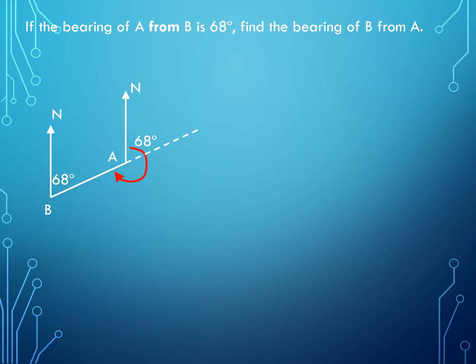What I want to know is the bit underneath it, and because that is a straight line, I know that that angle underneath is 180 degrees, and so what I'm actually going to end up doing is adding 180 to 68 degrees, and that gives me 248 degrees altogether. So the bearing going back of B from A is 248 degrees. So again, we'll look at bearings a little bit more later, as long as we're making sure we're happy with where these angles are coming from.